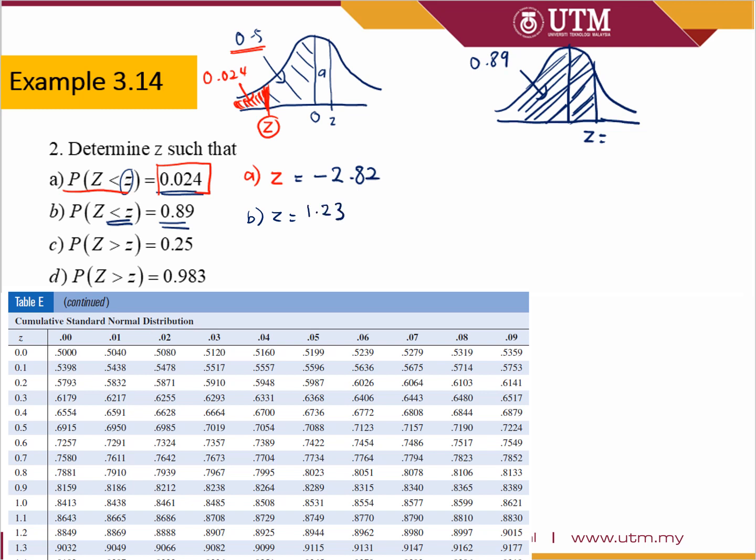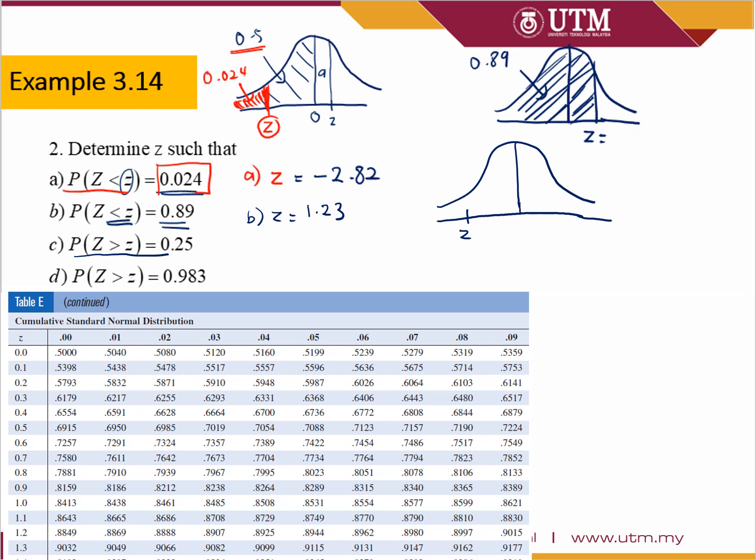Okay, so next, Z greater than z, meaning that it will be on the right side of z. So the probability of Z greater than z is equal to 0.25. It can be here?